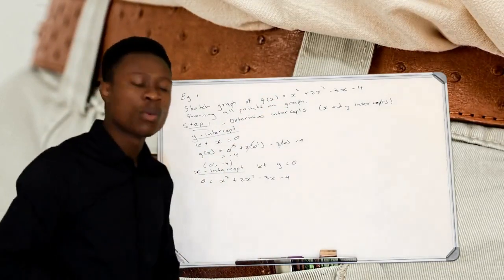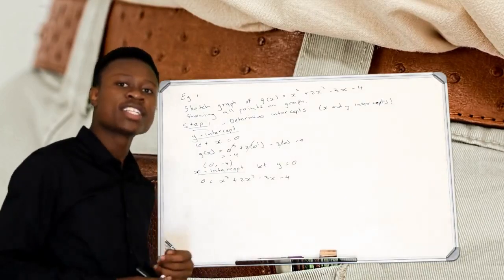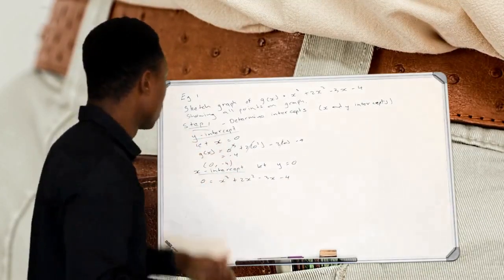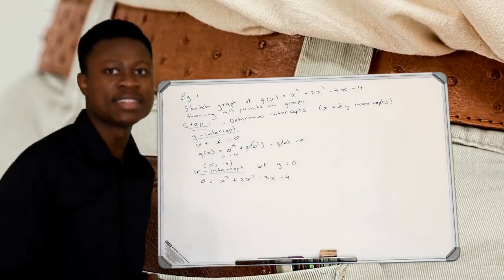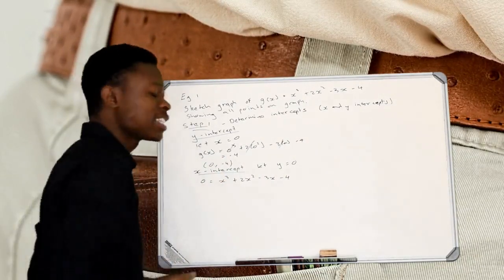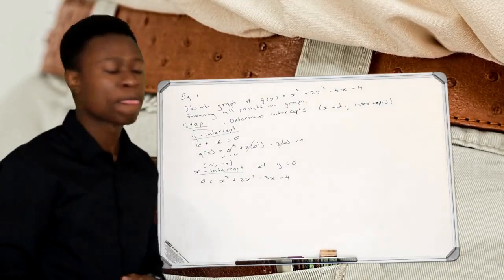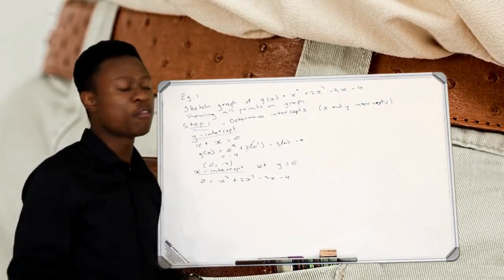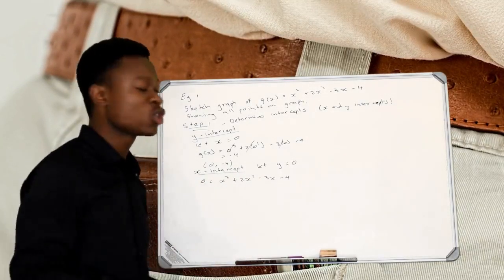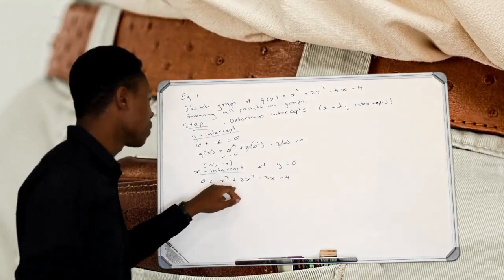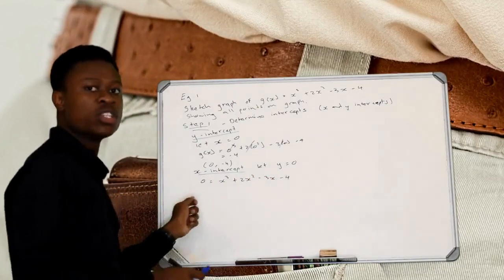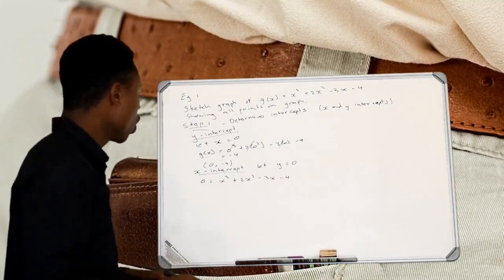This means that we're going to have to use the factor or synthetic theorems. First I'll factor out and see which factor I know. How do I get that factor? By trial and error. I'm going to try and see what value I can put into this which will result in 0.